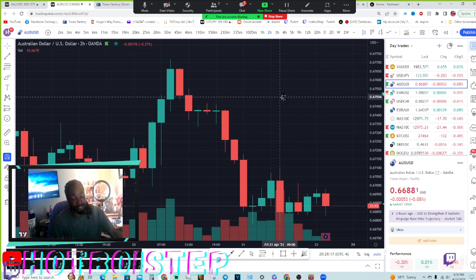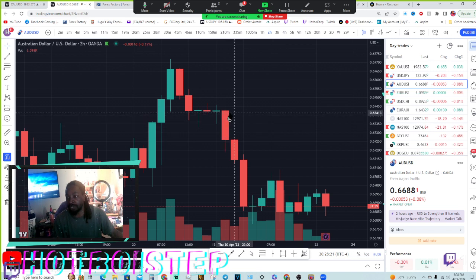And that's the unit of measure for every single time this chart moves. It's called a pip. So if it's going up a certain amount, the proper unit of measure is called pips.